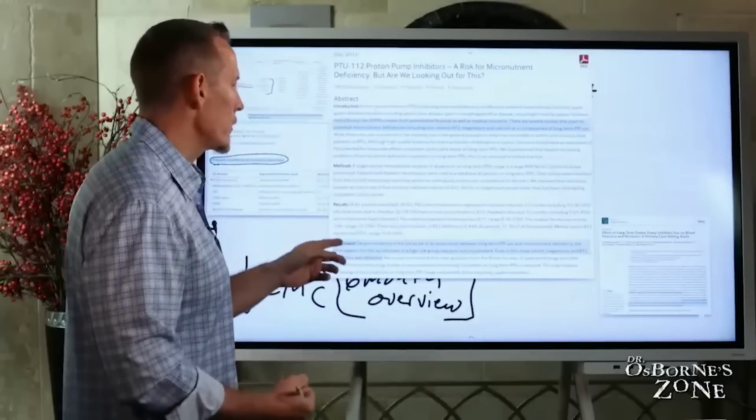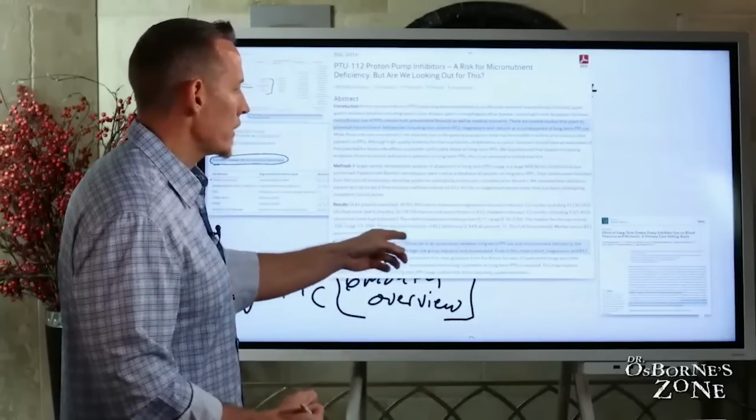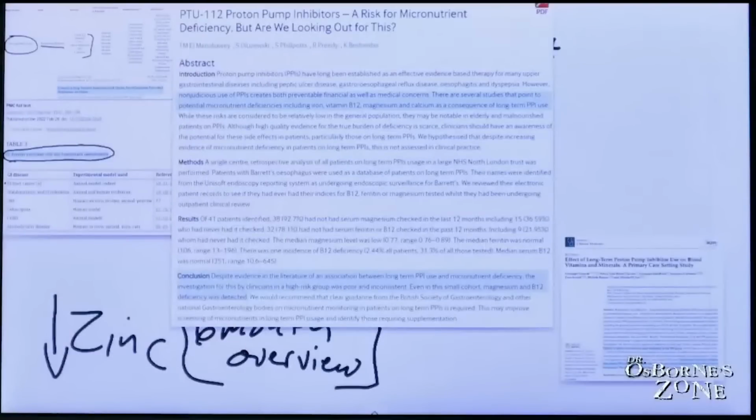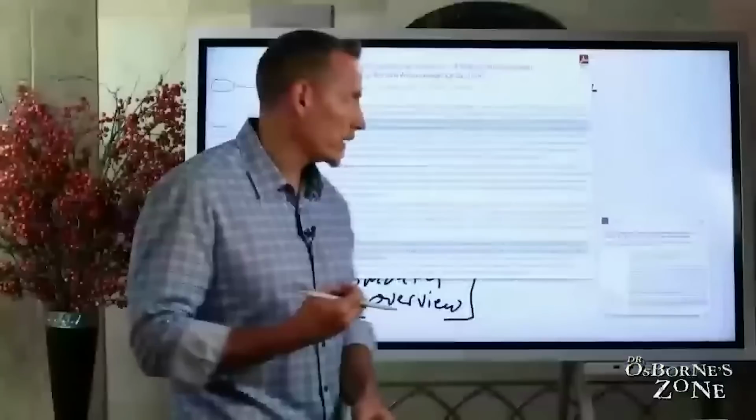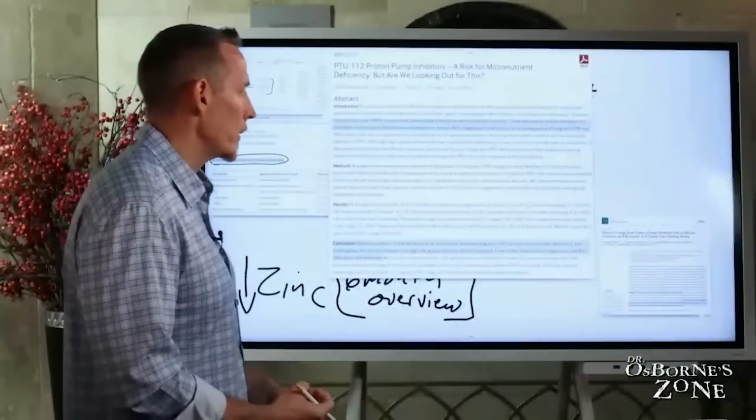And so you can see in their conclusion, despite evidence in the literature of an association between long-term PPI use and micronutrient deficiency, the investigation for this by clinicians in a high-risk group was poor and inconsistent, meaning doctors just didn't investigate it, they didn't ask the questions, they didn't look into it.